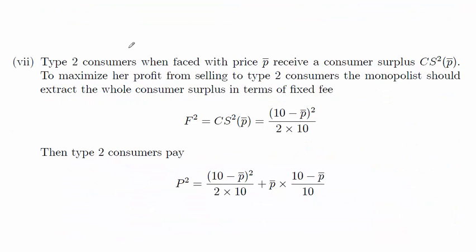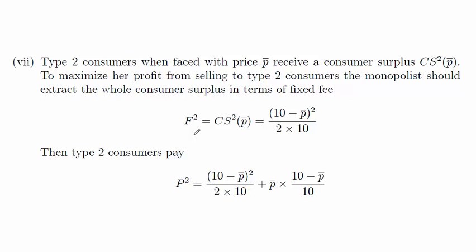We see that type 2 consumers, when faced with price P bar, receive the consumer surplus which we just found. Now we know that this fixed fee will be equal exactly to this consumer surplus. Why? To maximize her profit from selling to type 2 consumers, the monopolist should extract the whole consumer surplus in terms of the fixed fee.